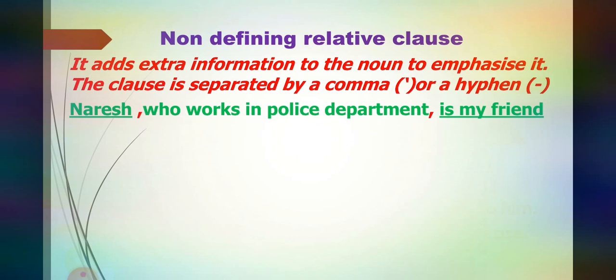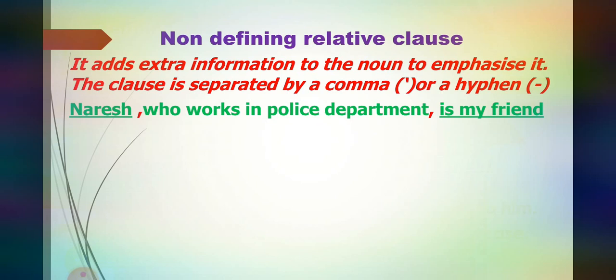Naresh is my friend. So it's sufficient to give you full sense. But here I would like to add extra information to Naresh. So that's why I have used who works in police department, the relative clause. So here it's giving extra information to Naresh.